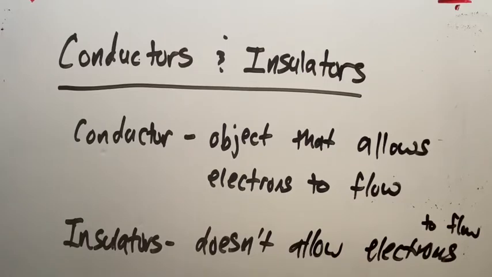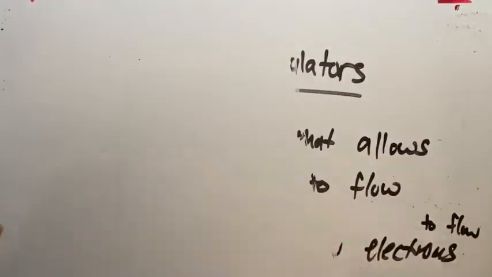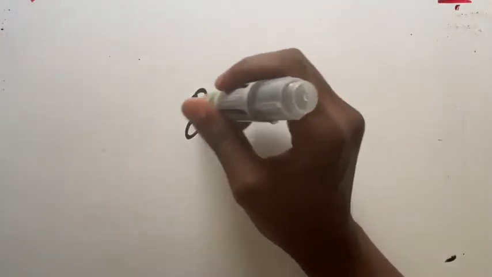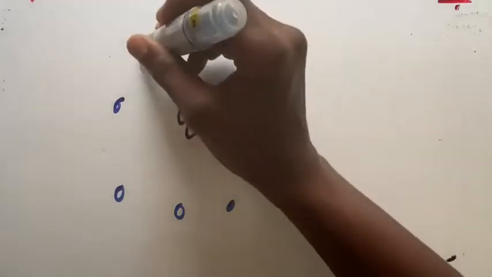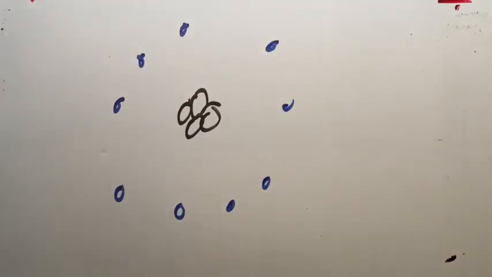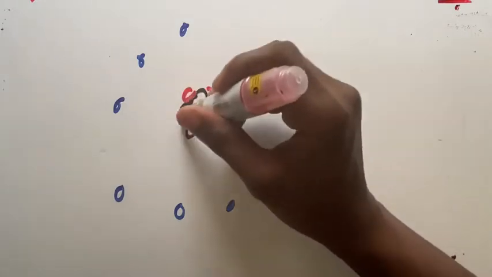Well, basically kind of what I just showed you based off of how an atom is structured, right? An atom is structured with its electrons on the outside. So let's say here's the nucleus, and we have some electrons out here. So this is some atom.